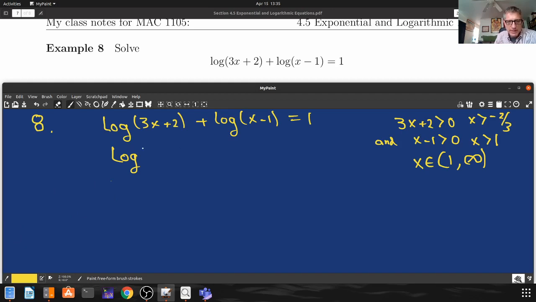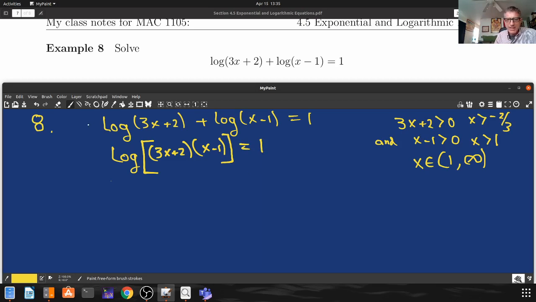So that's the same as, almost like before, 3x plus 2 times x minus 1 is equal to 1.